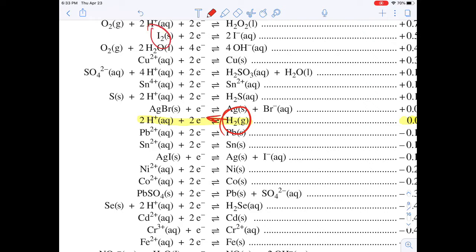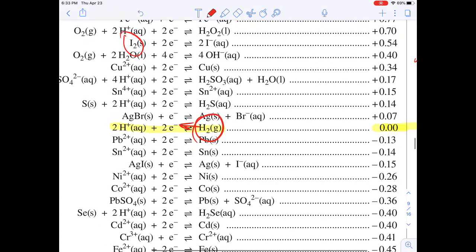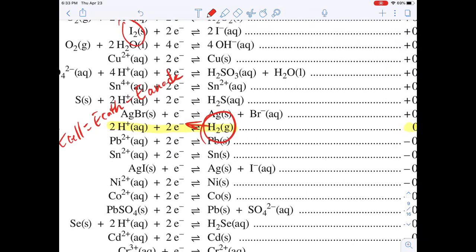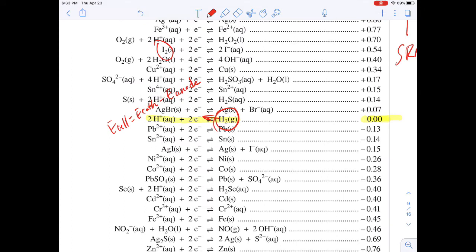So if we took, say, iodine and hydrogen as a cell, E cell equals E cathode minus E anode. If I take those values, the E cell is going to be positive 0.54 volts minus 0.00 volts.